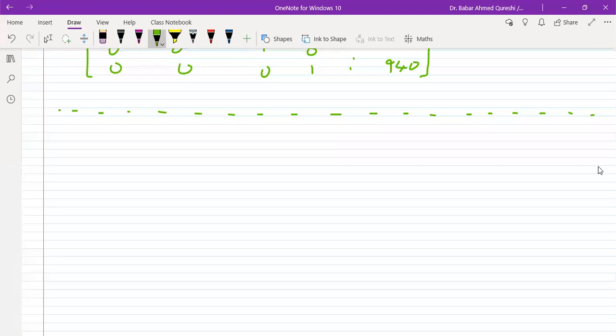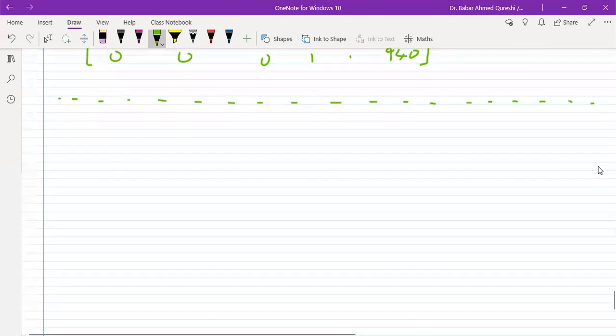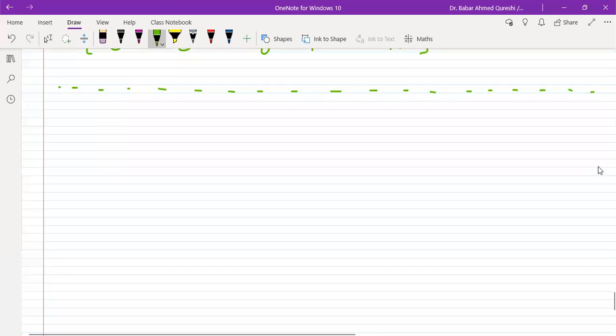Let's set up some other example. Should we take one from circuits or economics?